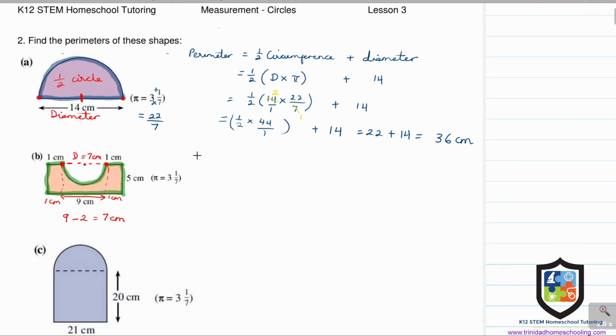So our perimeter of the shape is going to be the sum of half of a circumference plus 1 centimeter plus another 1 centimeter plus, we're going down this way now, 5 centimeters plus this 9 centimeters at the bottom plus another 5 centimeters going up here.